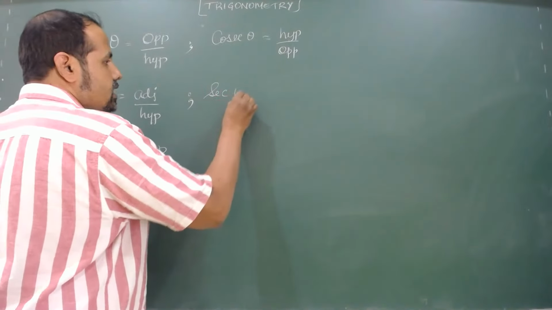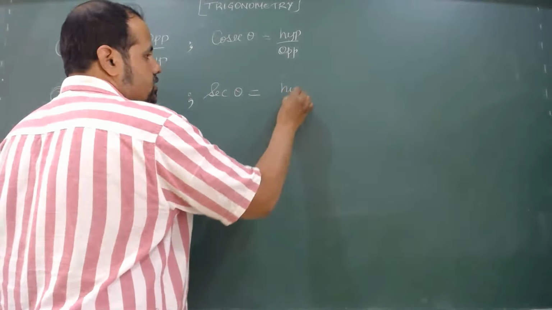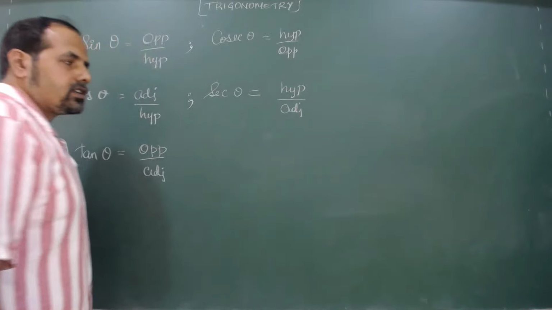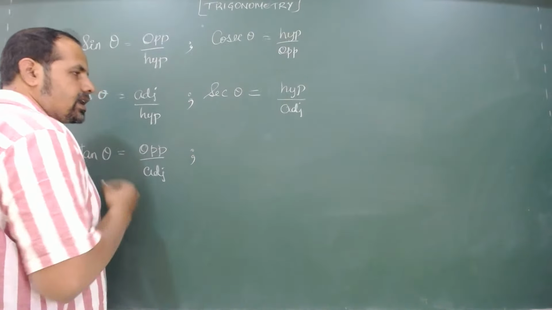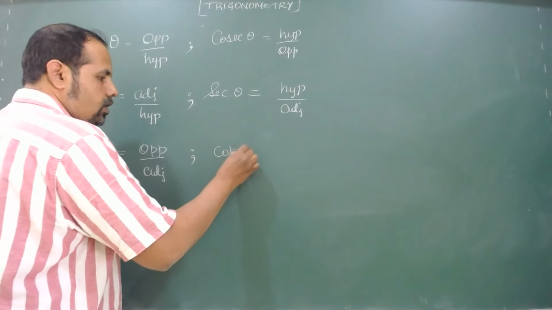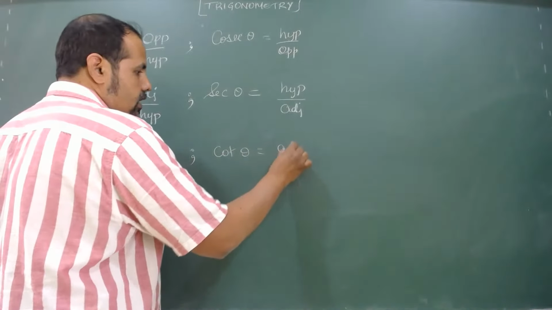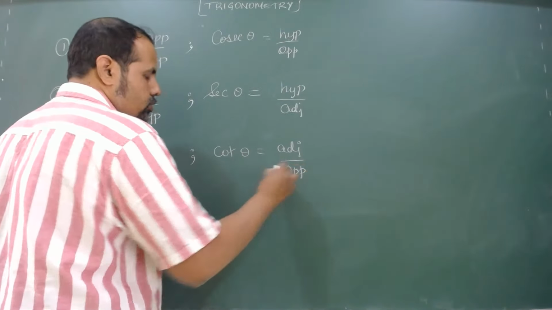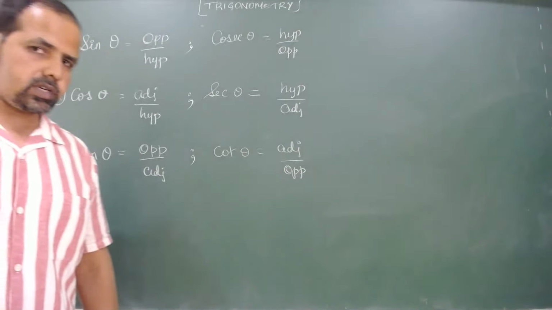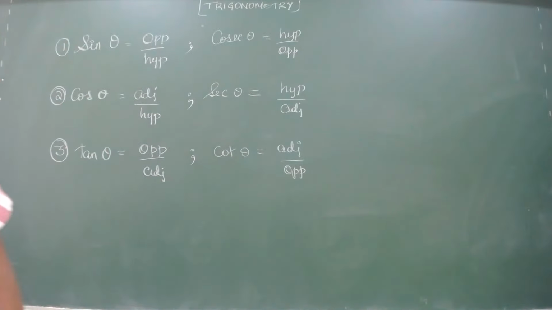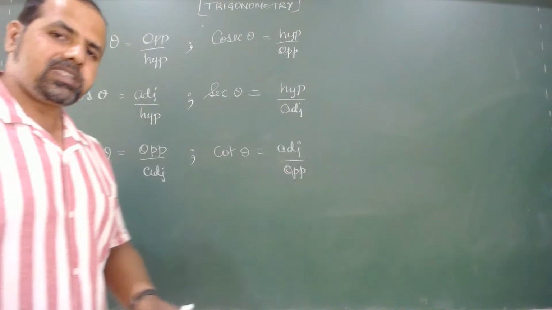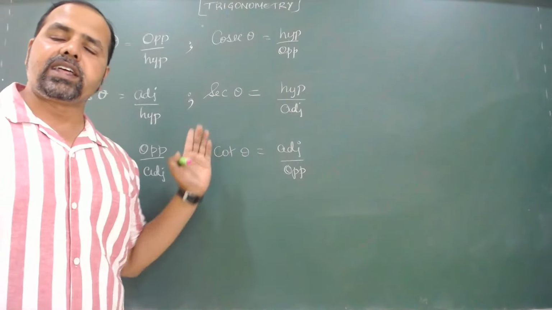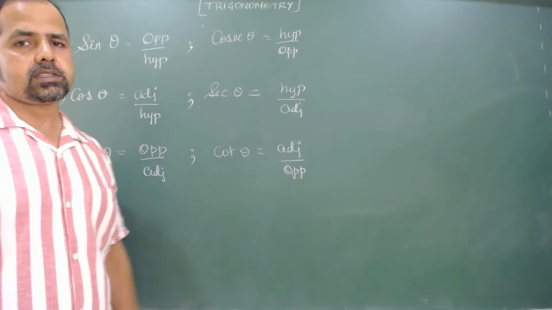Then comes sec of angle theta, which is the reciprocal of cos, hypotenuse by adjacent. And the last is cot theta, which is adjacent by opposite. These are the 6 trigonometric ratios which you have learned. Basically, we have 2 trigonometric ratios, and the rest are all derivatives of the first and second.